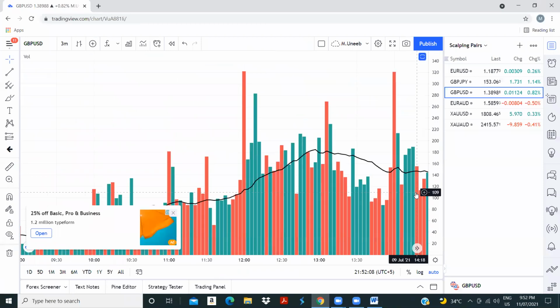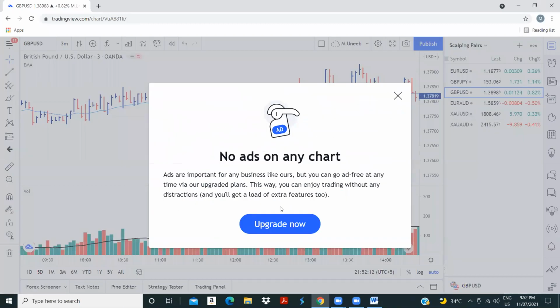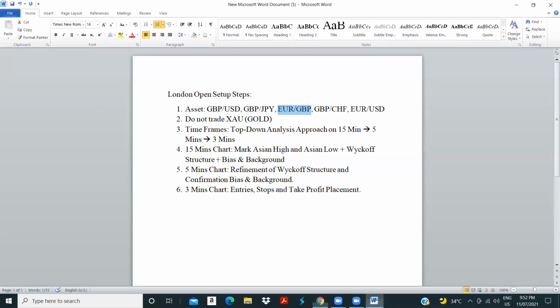One small question: why not gold? Why do you forbid trading gold? Because the symbol of gold which we trade is either XAU/AUD or XAU/USD.